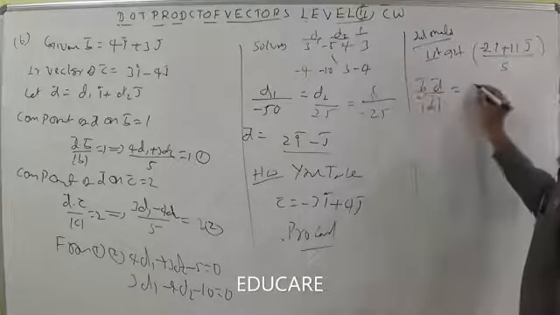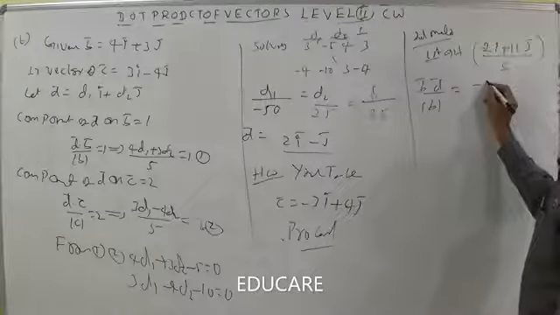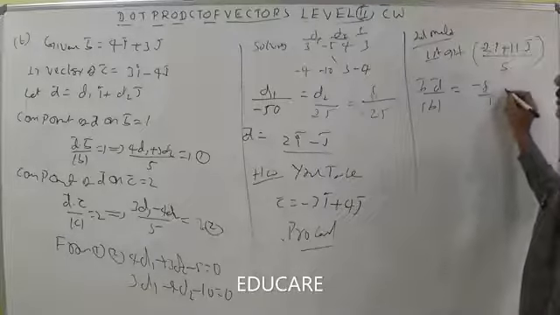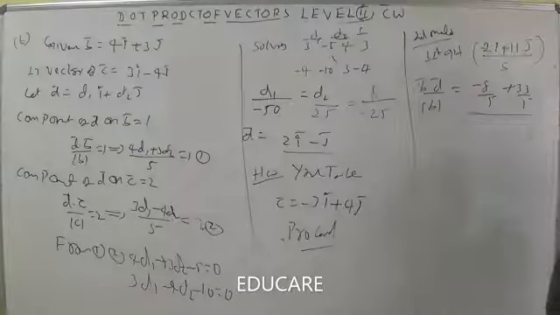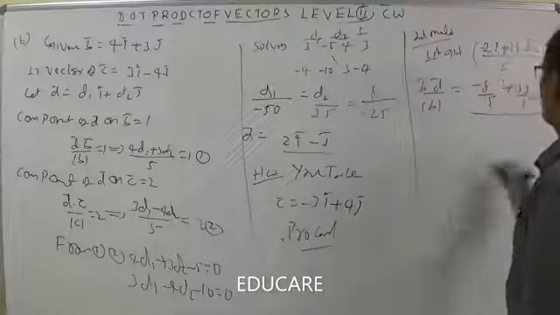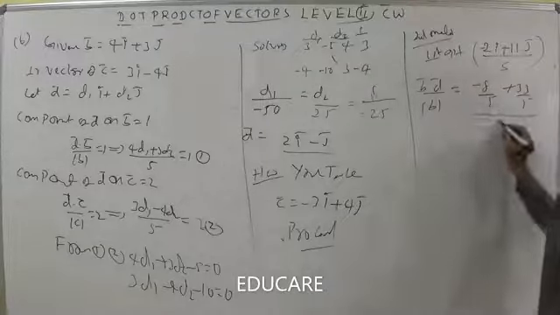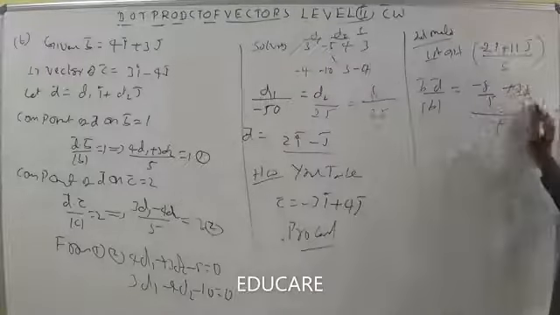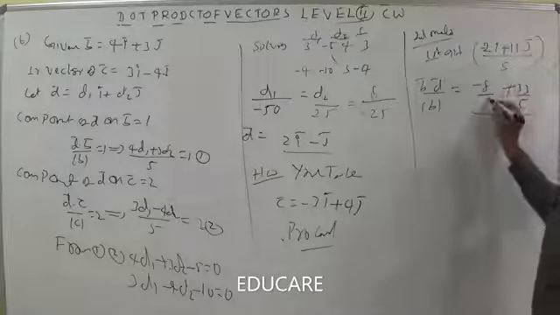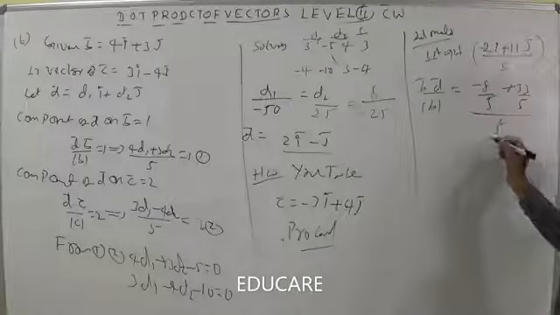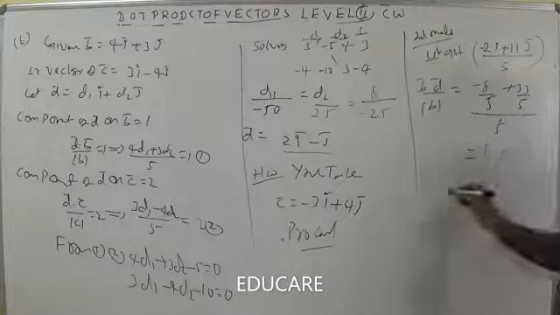B bar value 4, this is 4 into minus 2, minus 8 by 5, plus 3 times 11 is 33 by 5, whole by mod B bar which is 5. What is 33 minus 8? 33 minus 8 is 25. So 25 by 25, that is 1, it is correct.